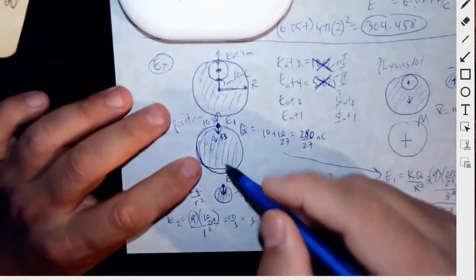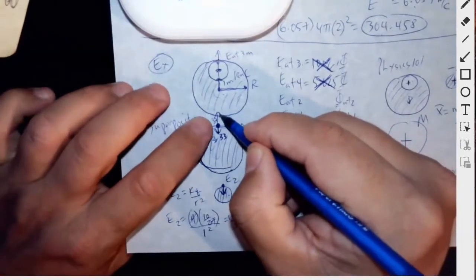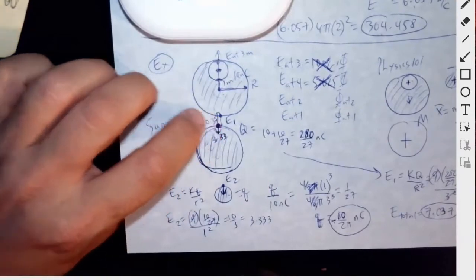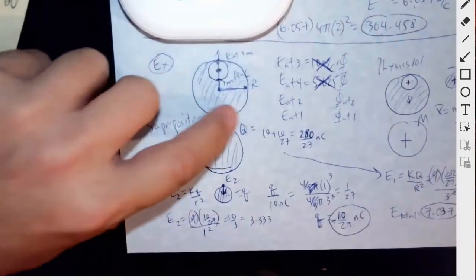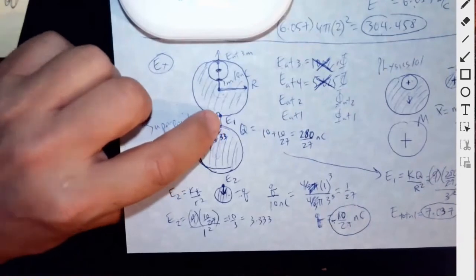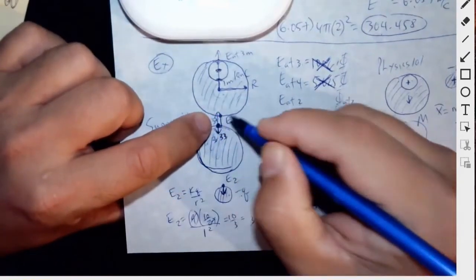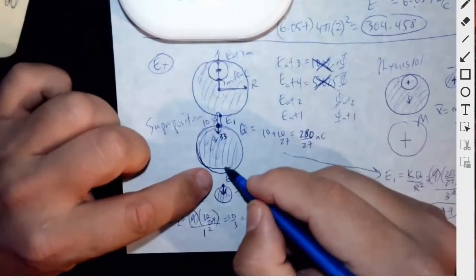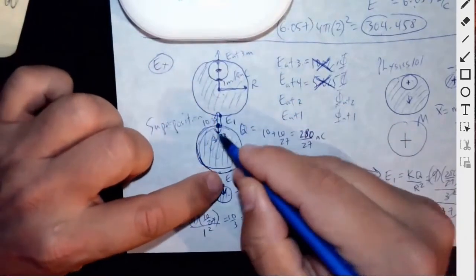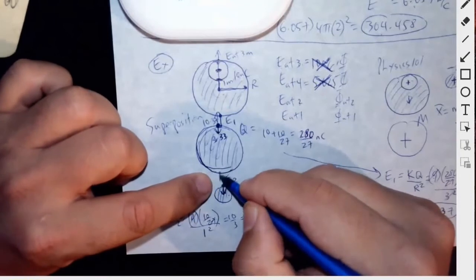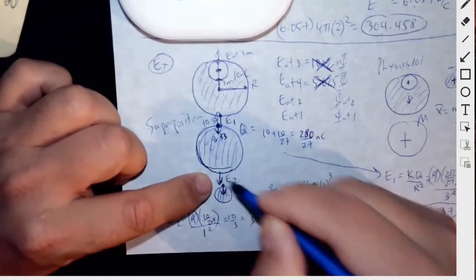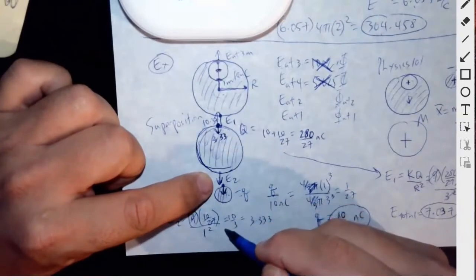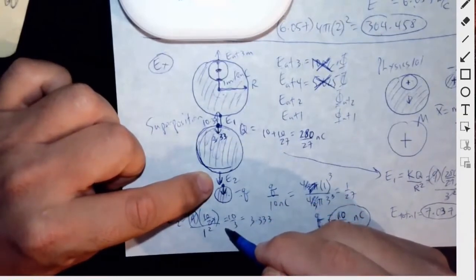How would you do the electrical field at this edge? I believe they're going to be different now. All the edges are going to be different. How would you do the electrical field at the bottom edge? It's now going this way, right? So then you would do the electrical field created by a sphere at the bottom, and then the electrical field created by this guy at that location at the bottom.